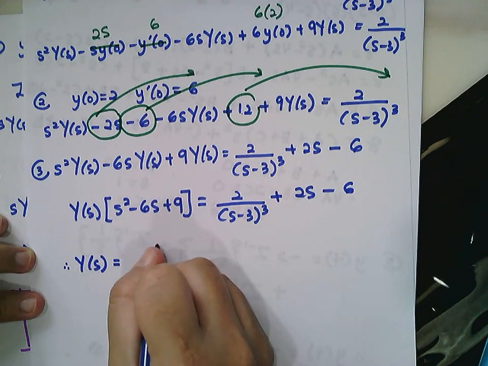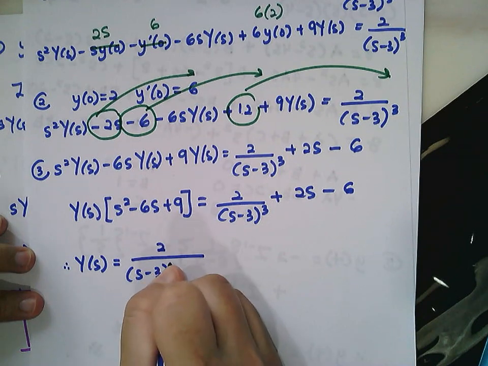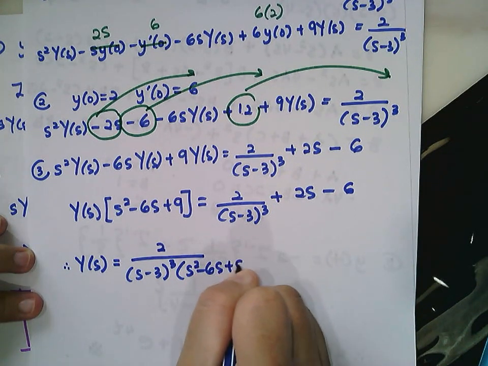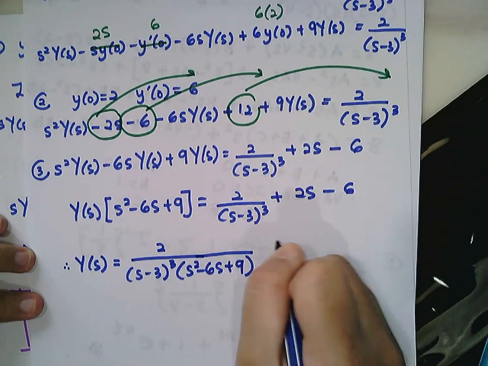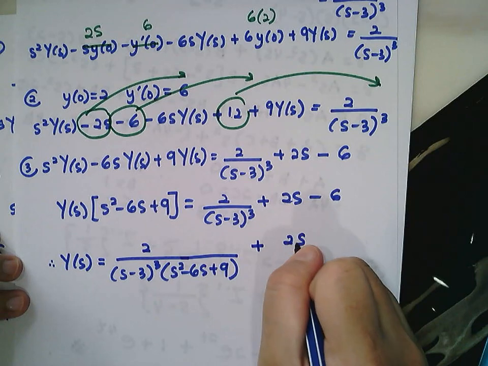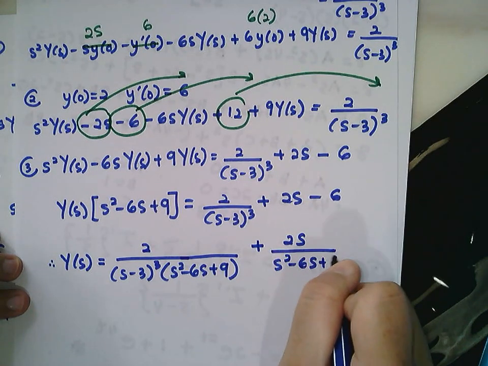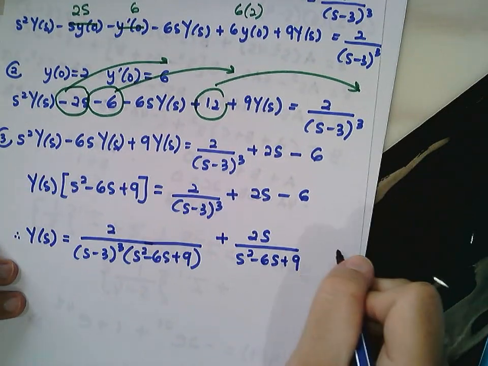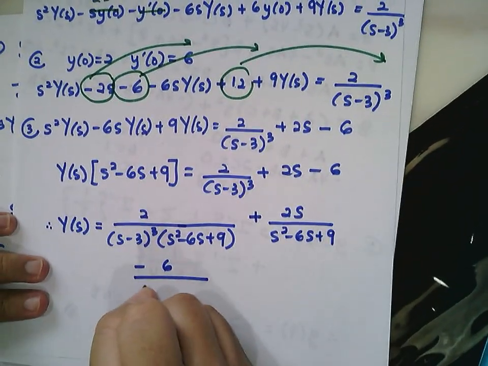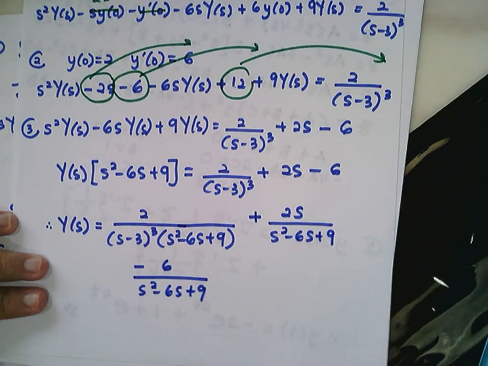So the first one will be 2 over (s minus 3) cubed times (s squared minus 6s plus 9), plus 2s over s squared minus 6s plus 9, minus 6 over s squared minus 6s plus 9.